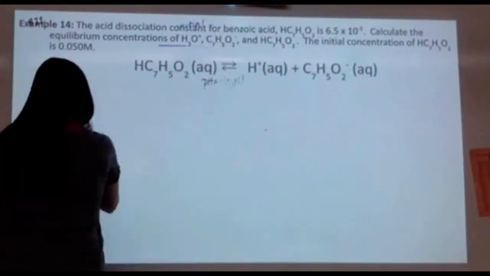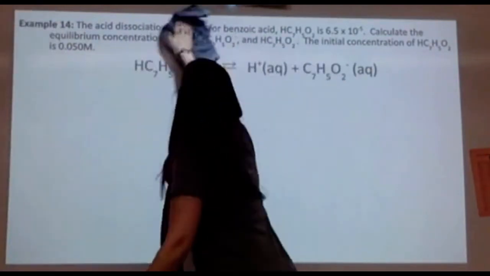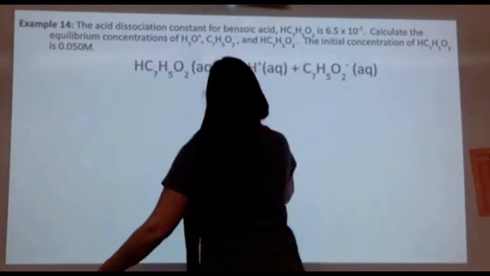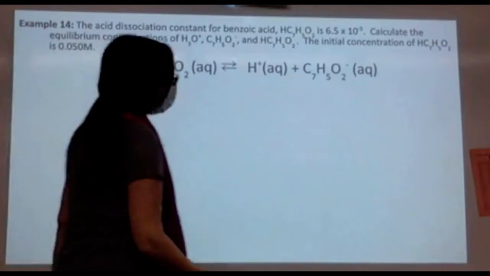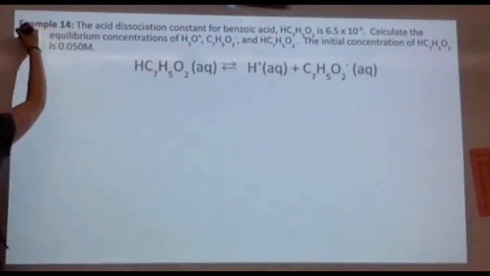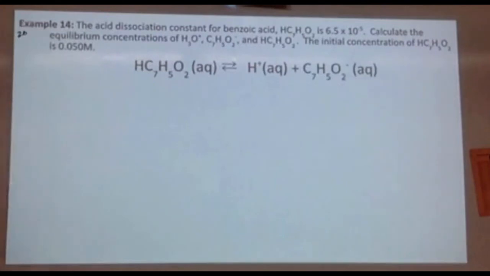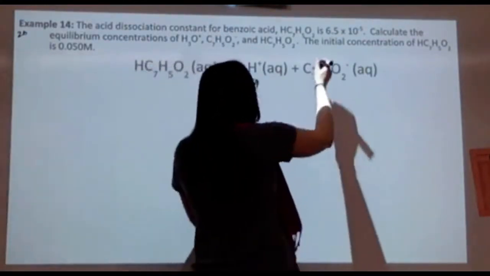So example 14. Example 14 is like number 26 on mastering. So the acid dissociation constant for benzoic acid. Acid dissociation constant is Ka.